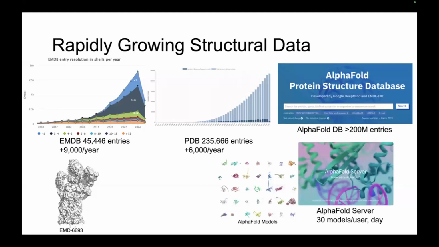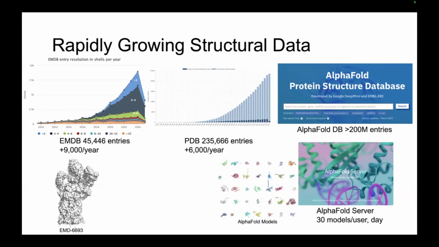Recently, DeepMind and Google released the AlphaFold protein structure database, which contains over 200 million entries. The AlphaFold server is also available, so everyone can easily generate atomic models from the server, and it is also very accurate.